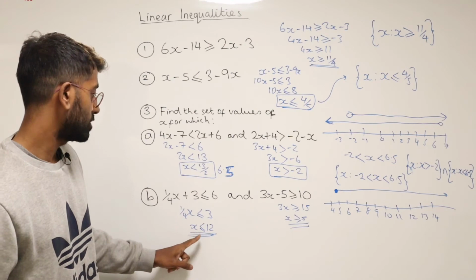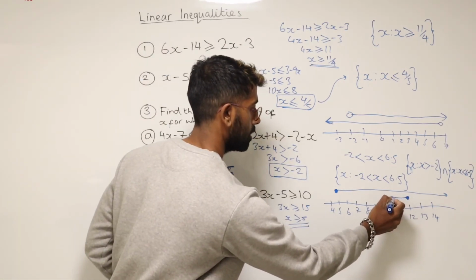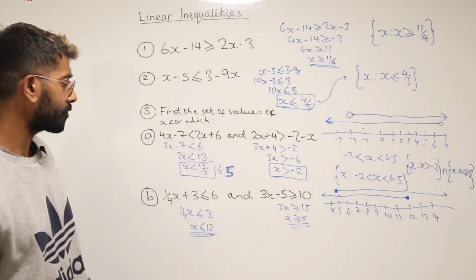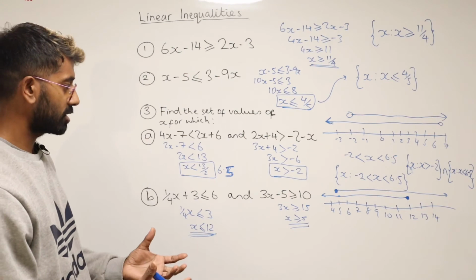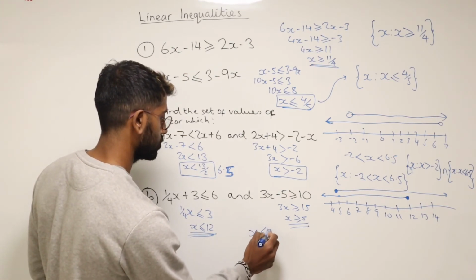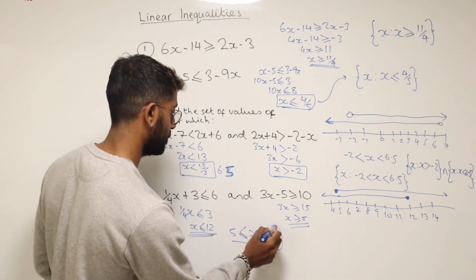Or the x values need to be less than or equal to 12. So 12 is there, and then continuing that way there. So to leave this as just an inequality, we could say that the x values need to be less than or equal to 12, or greater than or equal to 5.